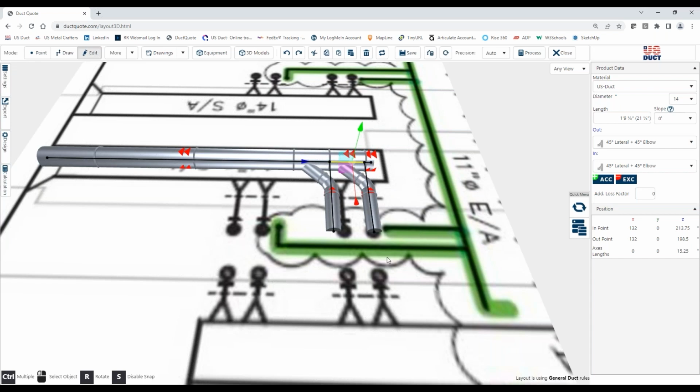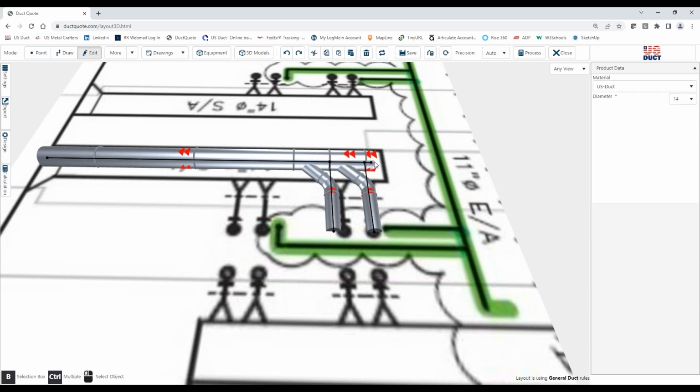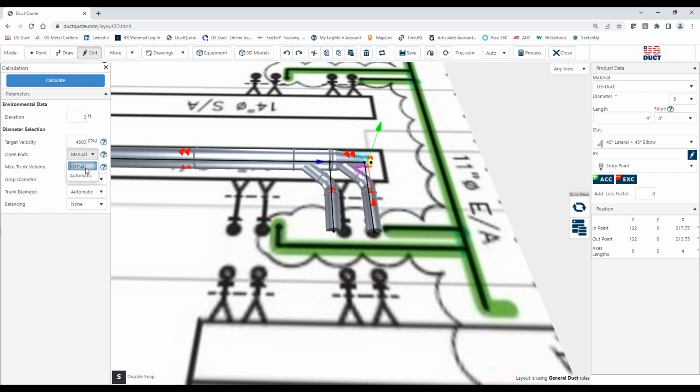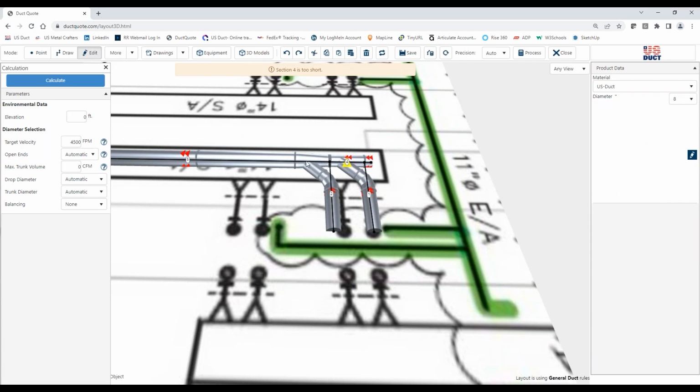Okay, now the other thing that impacted this is you'll notice that they've asked for a non-tapered subtrunk. Well, if in fact we were to have the system size this, then that piece way out there, that end, would really technically be an 8-inch, and we could actually calculate what we've got, and we would end up with something that looks a bit more like this.